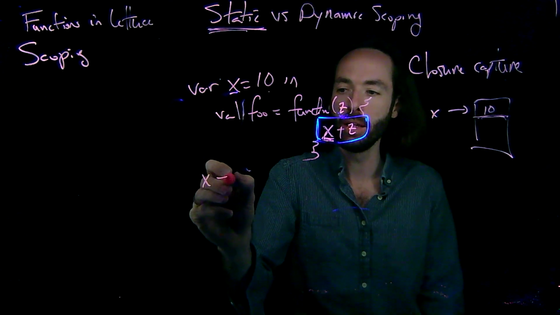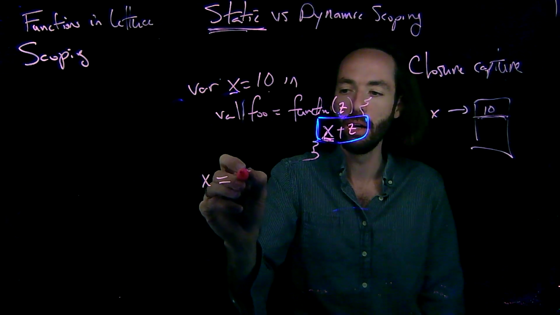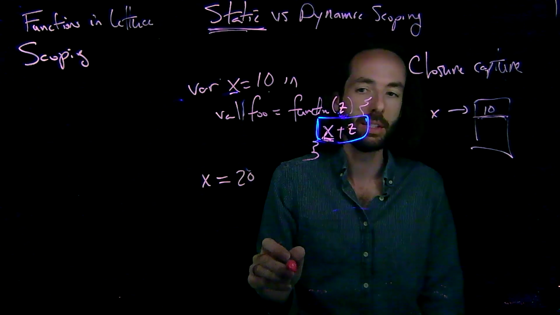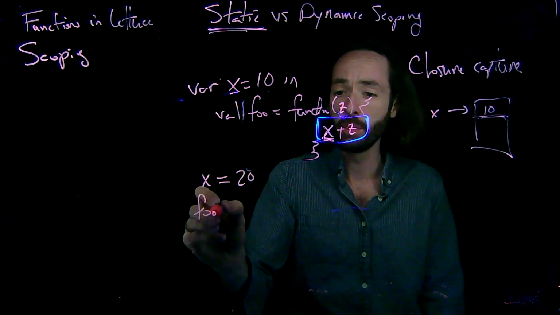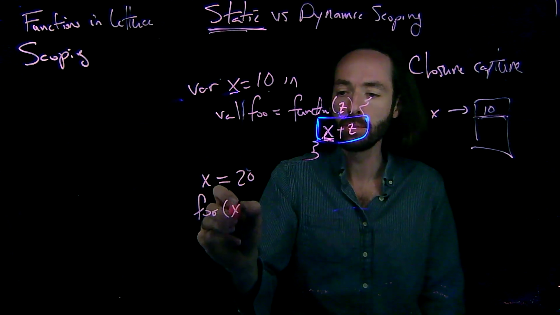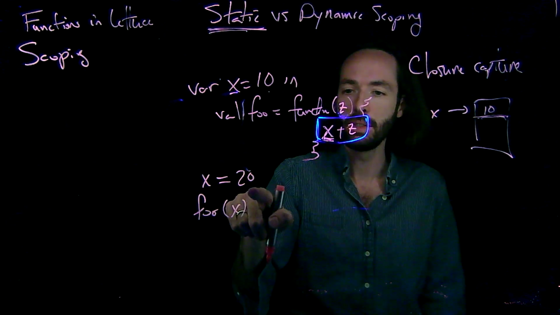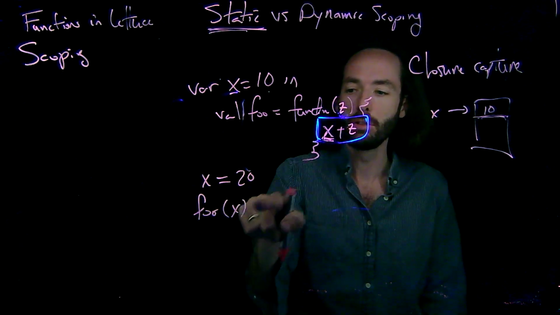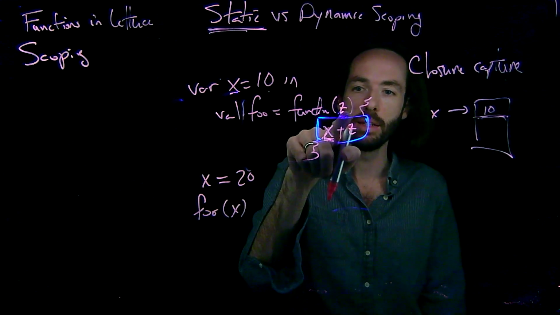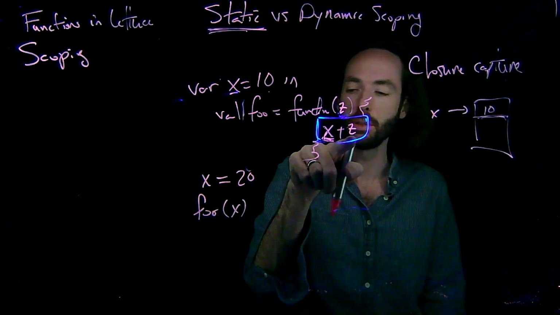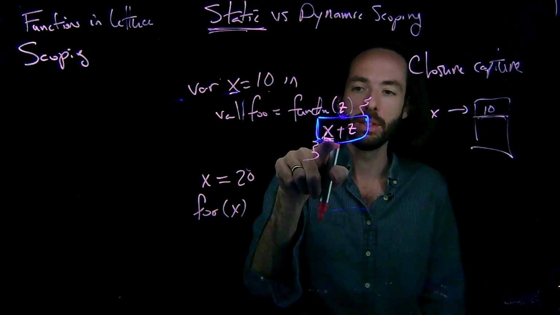If we then change what x is, so we set x equals 20, and then we call foo on x, it's going to take 20, place that in as z, and then we'll have x plus 20. And the question is what does this x resolve to?